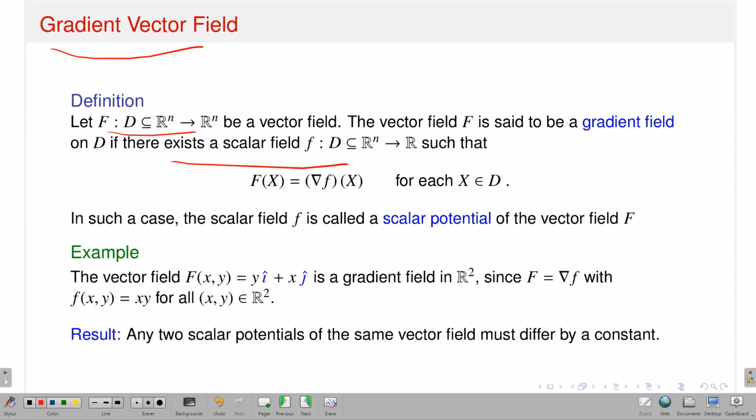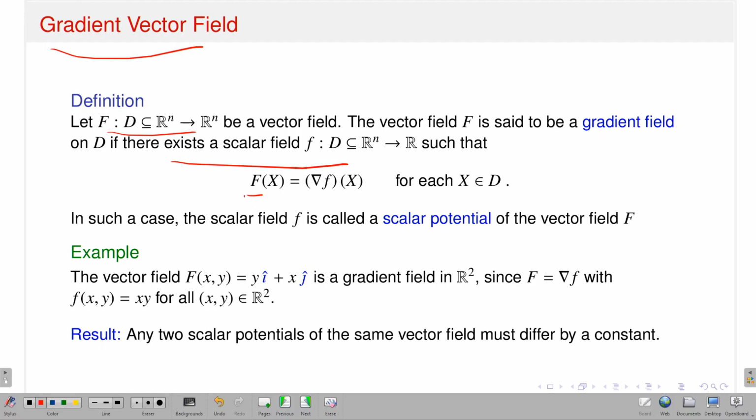Suppose I have a vector field capital F. If there exists a scalar field f on this domain D such that I can write capital F as the gradient of f, that is, F of x is exactly equal to the gradient of f at x for each x in D, then I say that capital F is a gradient vector field.